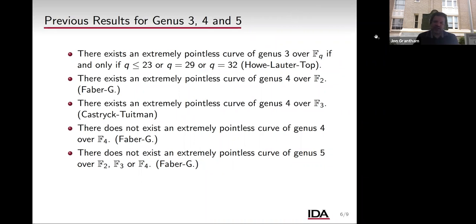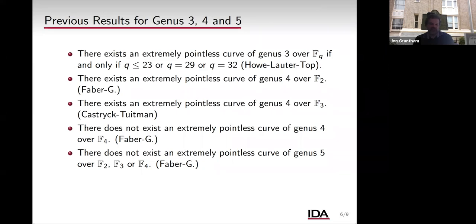In our paper on binary curves, we found one of genus 4 over F2. So again, that's going to be a gonality 5 curve. Kastrick and Teutman had already done the genus 4 case over F3. I think they were mostly concentrated on the odd characteristic case.